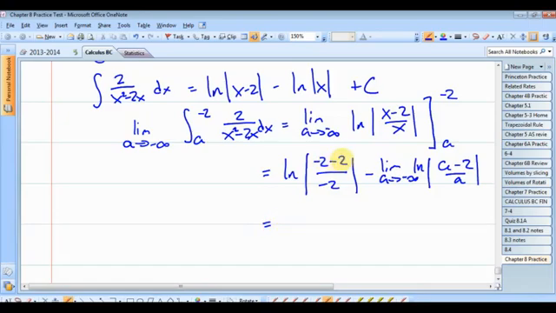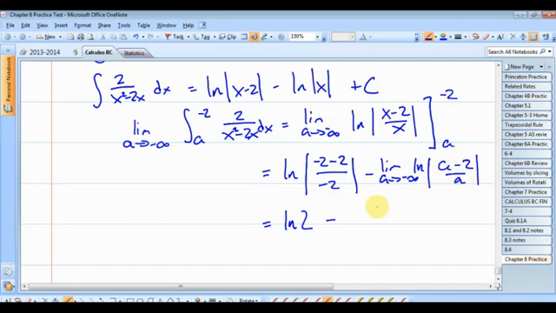Okay, negative 2 minus 2 divided by negative 2 is 2, right? Natural log of 2 minus, as a goes to negative infinity, a minus 2 over a goes to 1. We have first degree over first degree. 1 over 1 is 1.